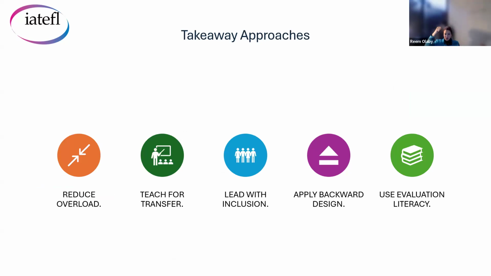The first is reduce the overload by streamlining the content and giving space for practice, reflection, strategy use. The second is teaching for transfer, which means focusing less on memorization and more on applying knowledge to real life tasks.